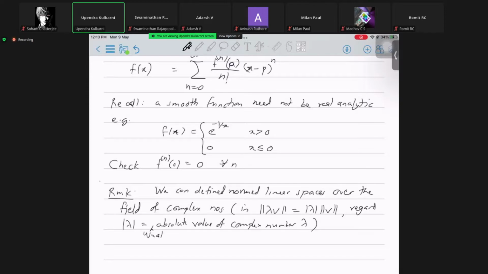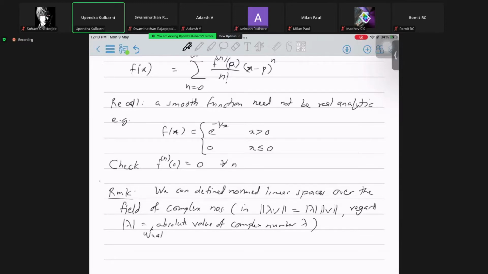And again, I can write various norms on a finite dimensional complex vector space. But really, as far as topology is concerned, does it really matter? So suppose I take a complex normed linear space, a finite dimensional complex vector space, which is a normed linear space with complex numbers as scalars.